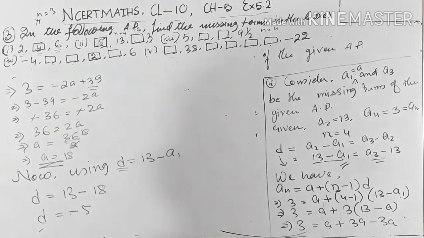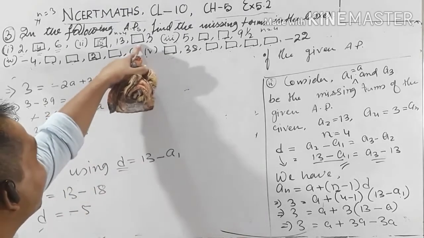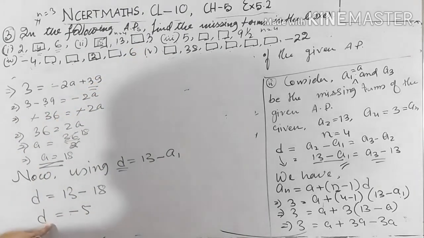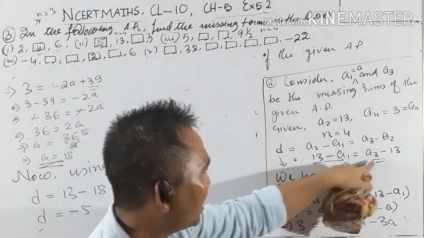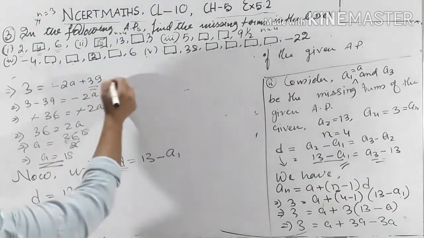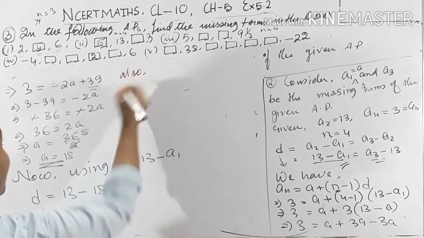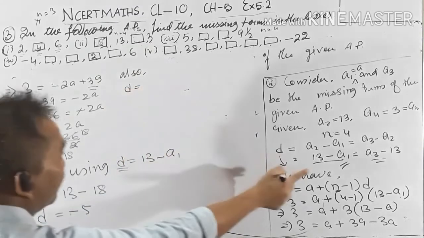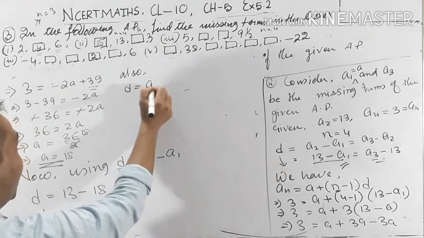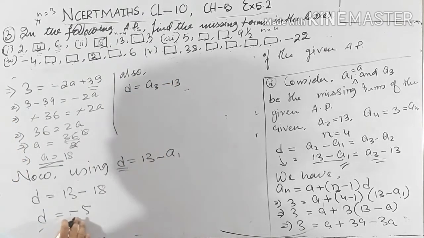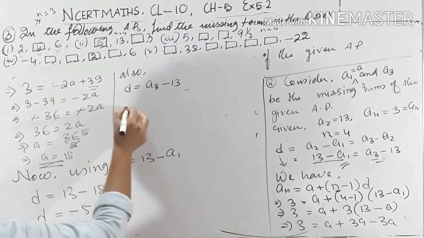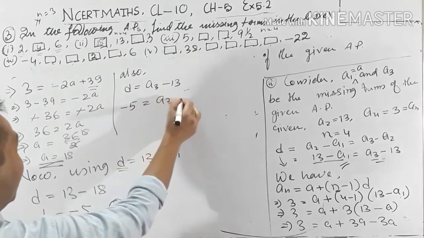Again, to find the third missing term, we substitute this value. D equals A3 minus 13. Let us make this equation number 1. So minus 5 equals A3 minus 13.